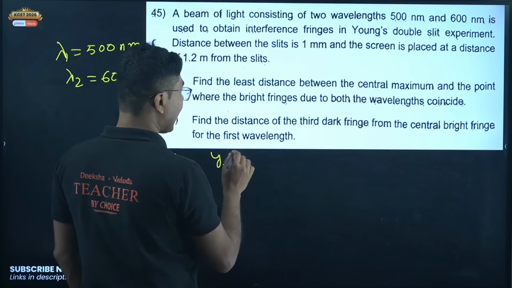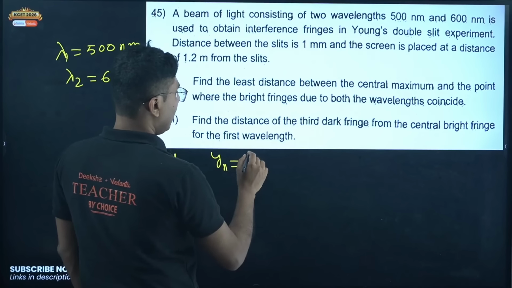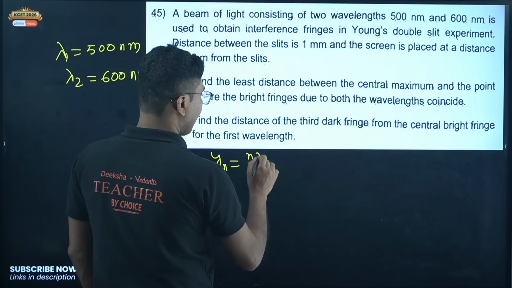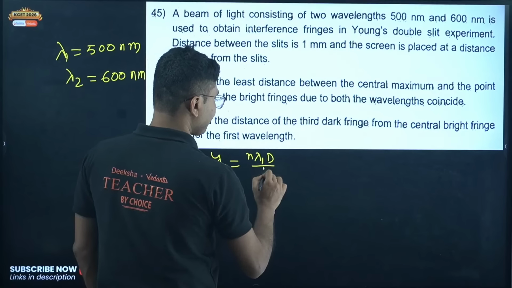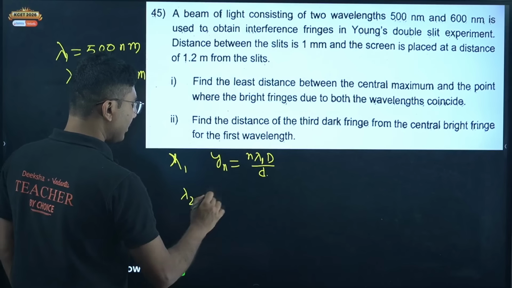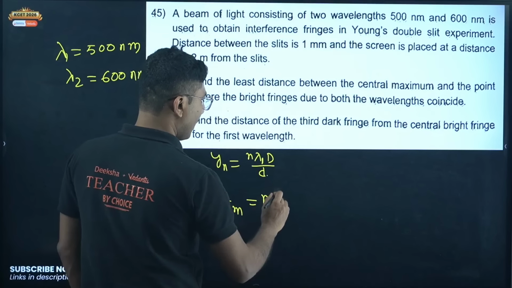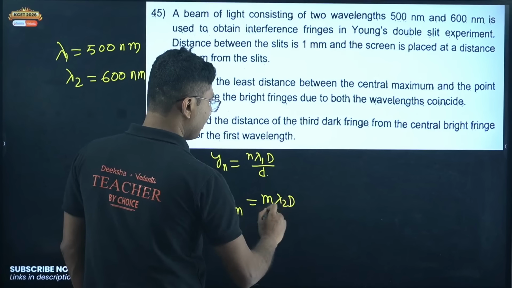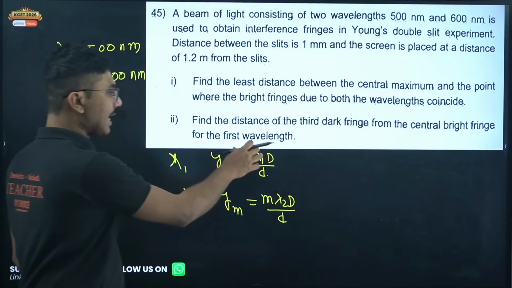So yn will be n lambda 1 D by d. This is for lambda 1, and for lambda 2, say the order of the fringe is m, then it will be m lambda 2 D upon d. Now if they coincide, they have to be equal.